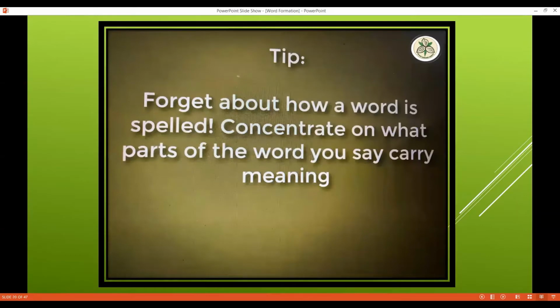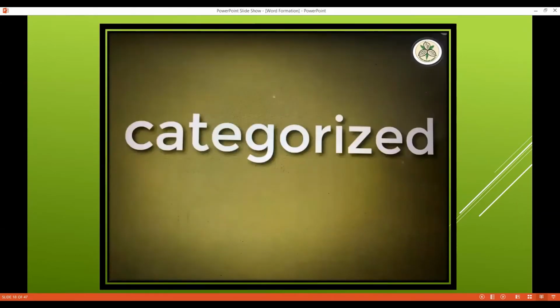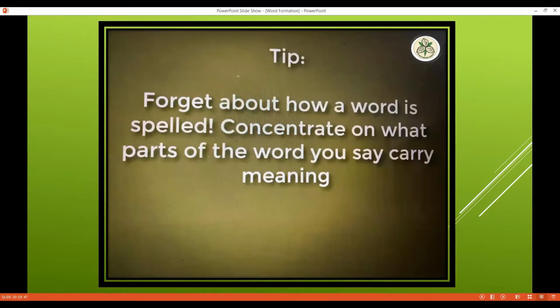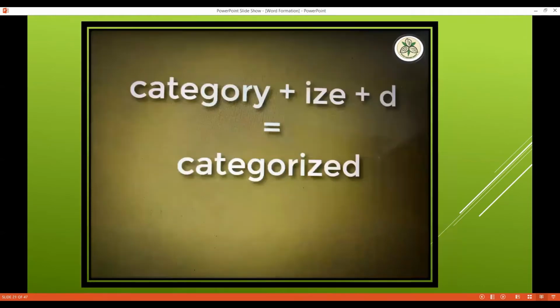Sometimes it spells -ed. Here's another tip for you: try to forget about how the word is spelled. Instead, concentrate on what parts of the word you say carry meaning. If there are any meaningful parts, then those could be considered morphemes.